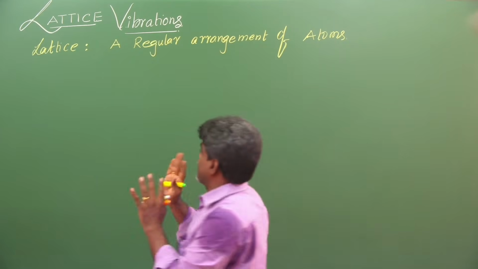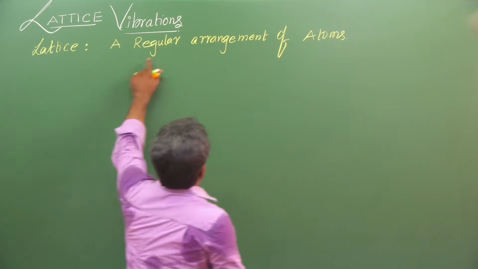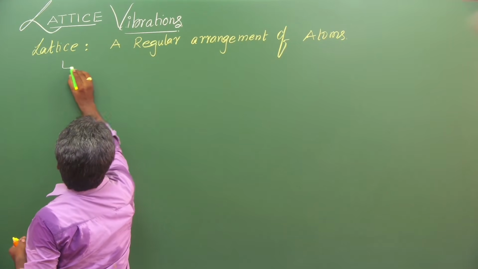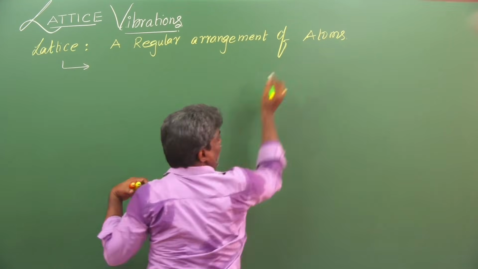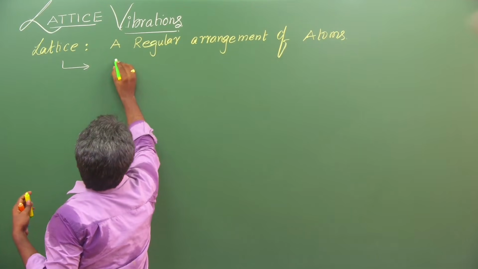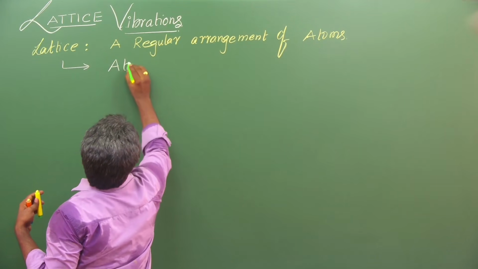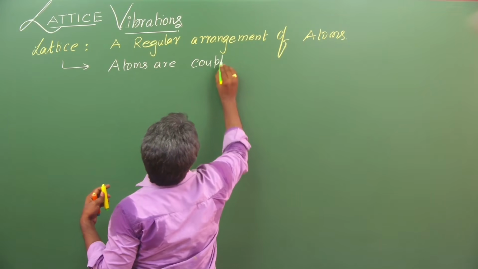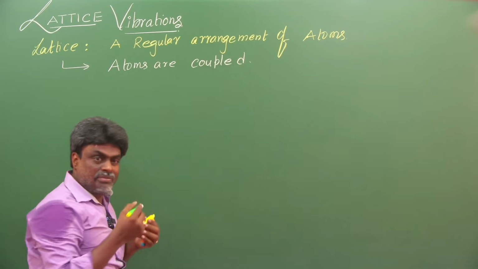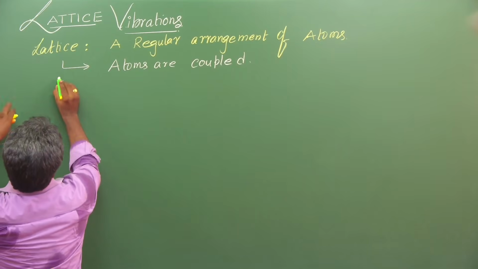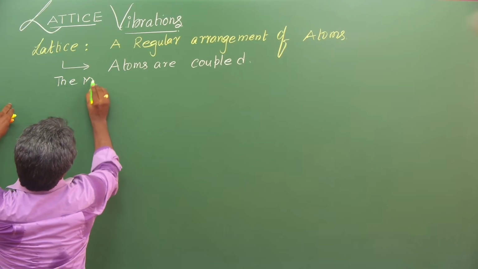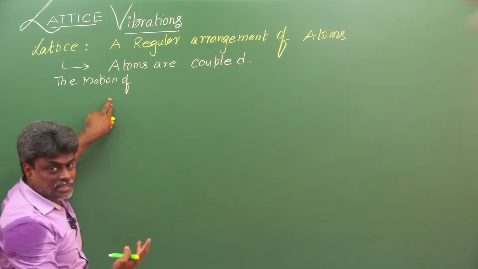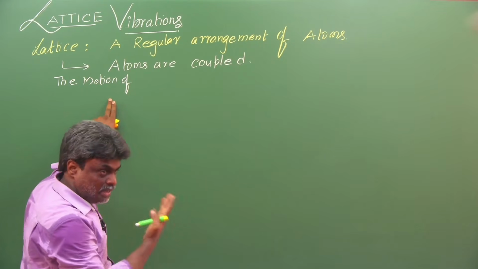Okay, fine. So the lattice means a regular arrangement of atoms. Here what I am saying is, the lattice is a combination of atoms, but the atoms are coupled. What is the meaning of coupled? Very important, after this the Debye theory and Einstein theory, everything will come from this. Please listen carefully.